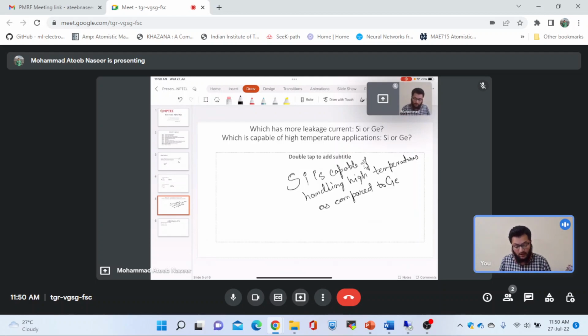And now the answer to the first question, which has more leakage current: clearly germanium based devices have more leakage currents.